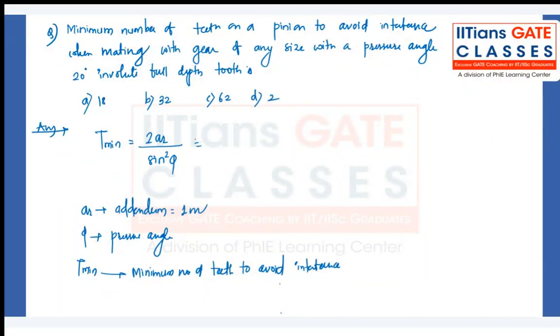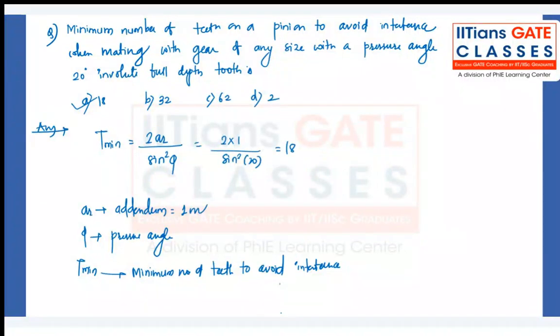So with this formula, 2 times 1 divided by sine square 20 will lead to 18 as the answer. Minimum number of teeth on a pinion to avoid interference when mating with a gear of any size with a pressure angle of 20 degrees.